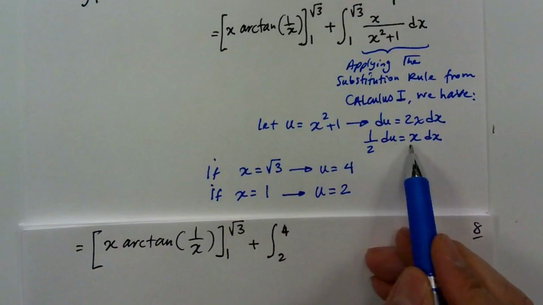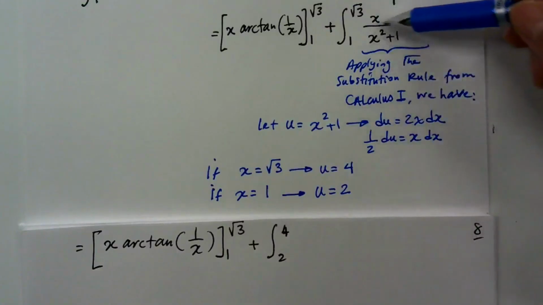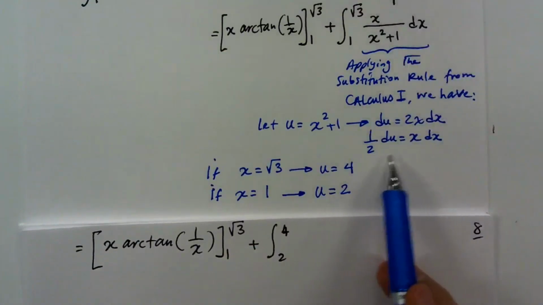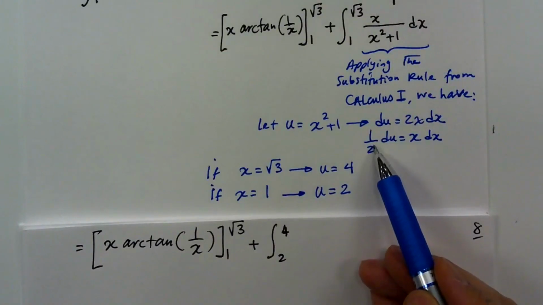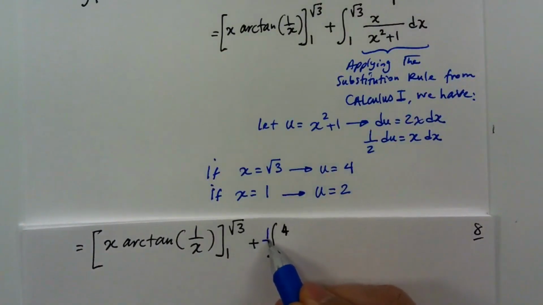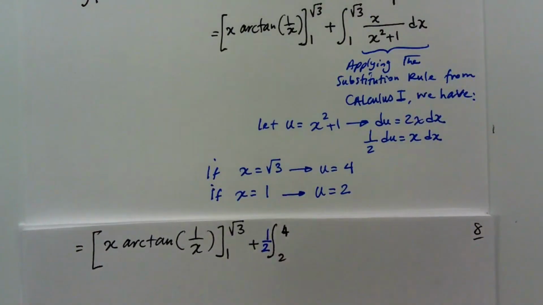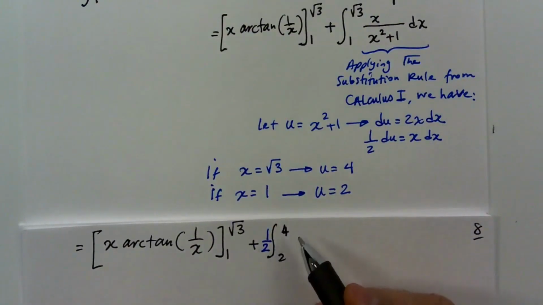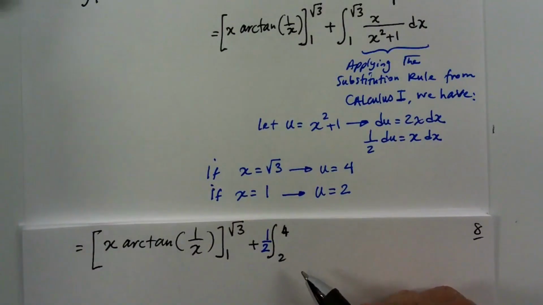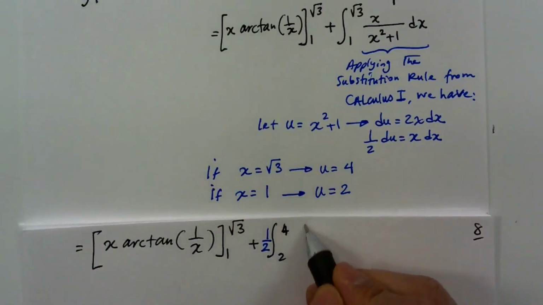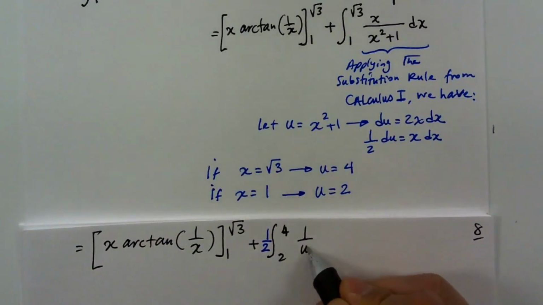Notice 1/2 du equals x dx. So this x dx is equal to 1/2 du. But I'm going to put this 1/2 on the outside and in front of our integral, right there, 1/2. And then I'm going to write 1 over u du.